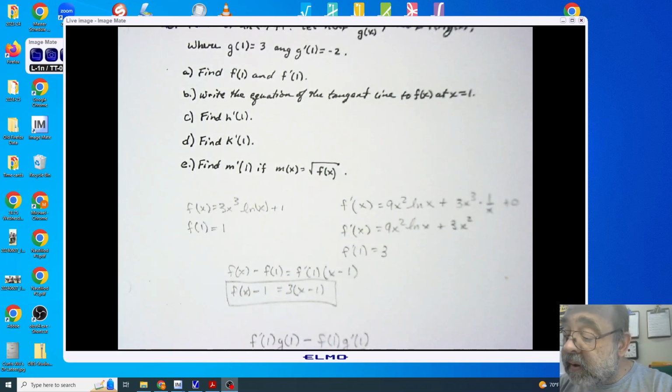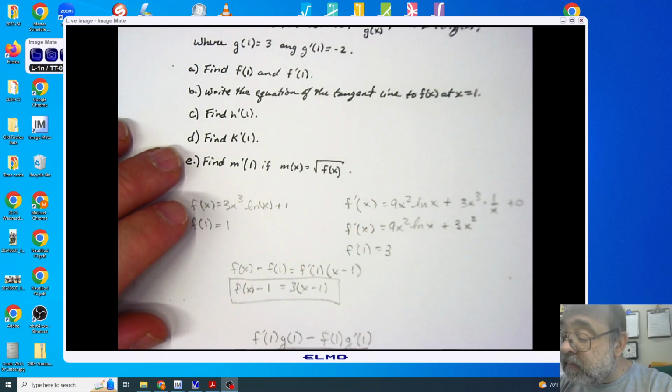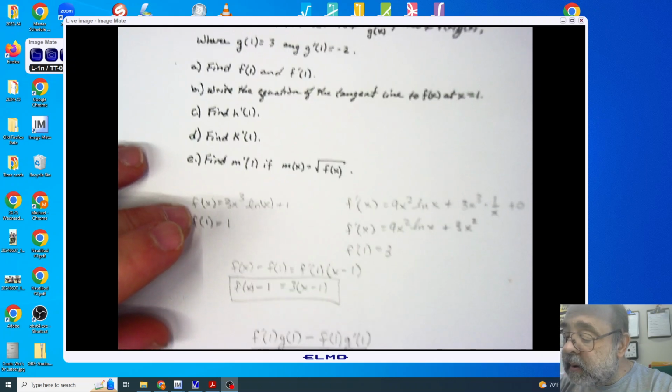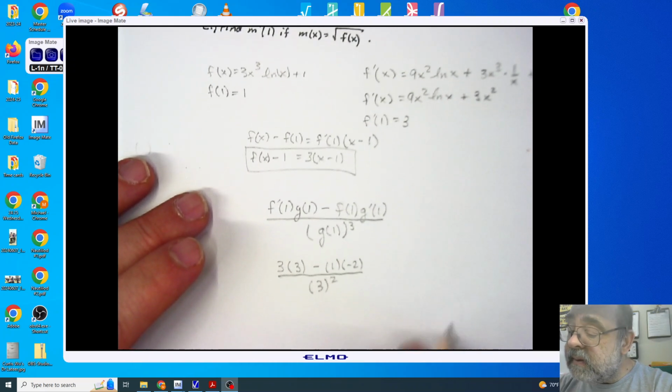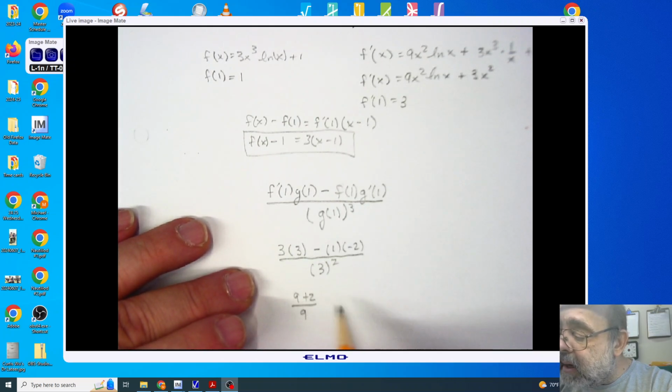And we're going to now fill that in. So 3 times 3 minus 1 times negative 2 all over 3 quantity squared. We're now simplifying this. So we have 9 plus 2 divided by 9, and my answer is 11/9.